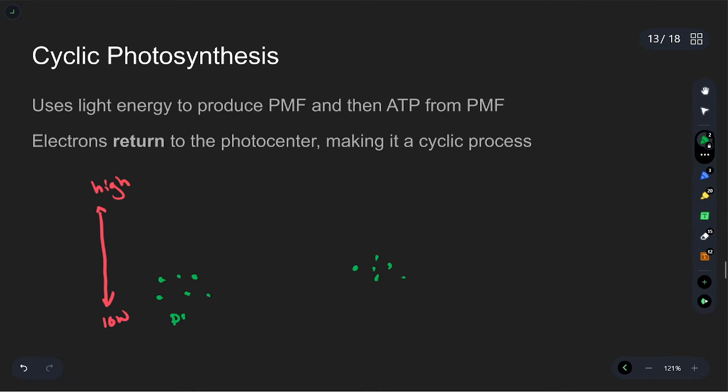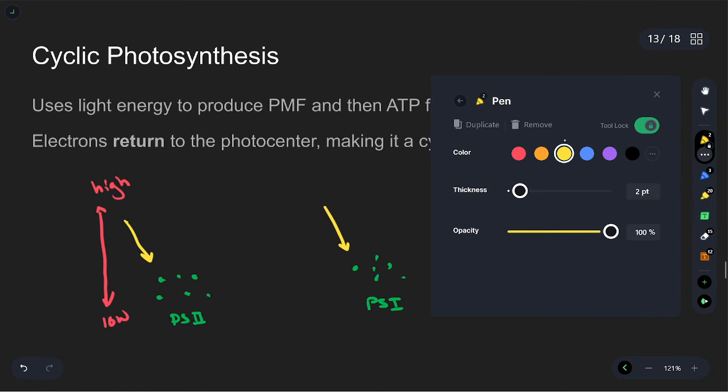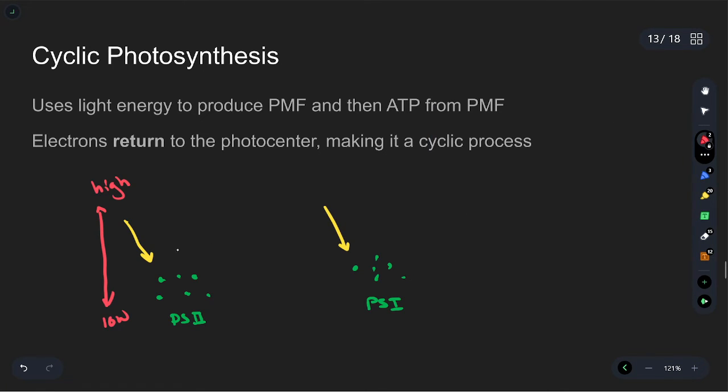this being our PS2, this being our PS1, we also need light. We learned that the electron goes from low to high when it absorbs photons from light at PS2, travels through the ETC, losing or decreasing in its energy level.